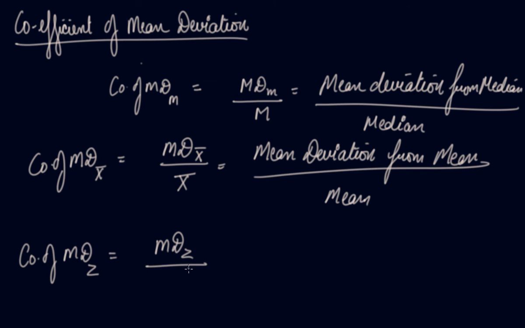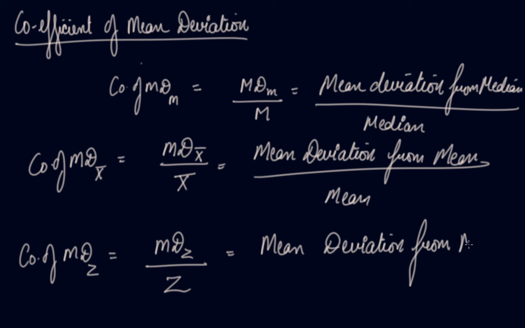So mean deviation from mode divided by mode. So this is how you calculate your mean deviation. We will be studying how to calculate the mean deviation in case of each series, that is individual, discrete and continuous, in the coming videos.